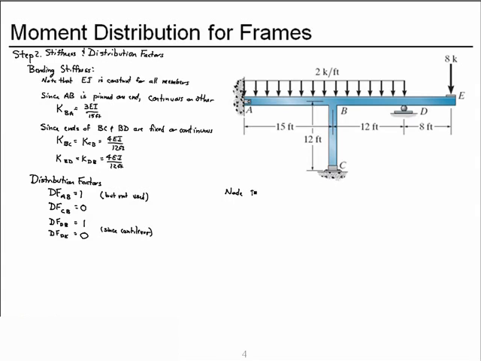Now node B. To figure out the distribution factor at this node, we need to sum the stiffness of all of the elements meeting at this node.